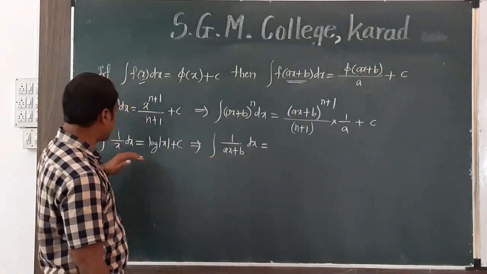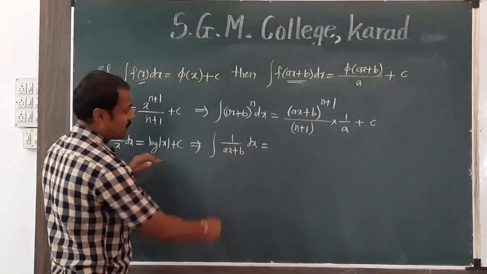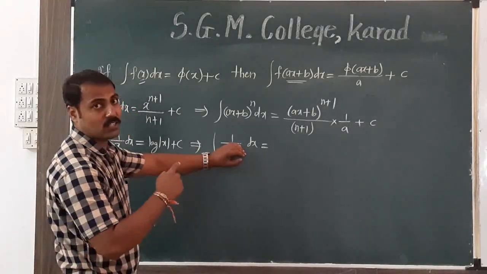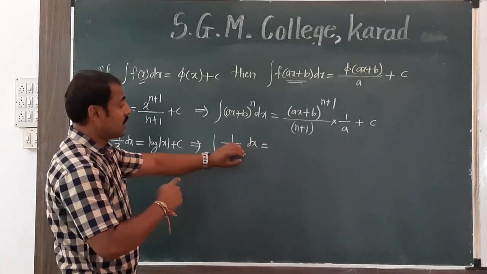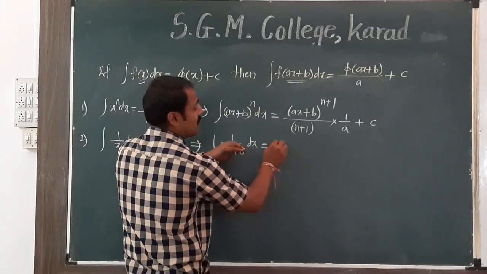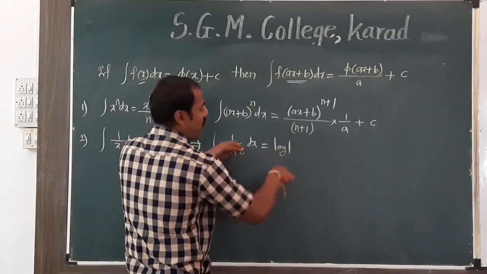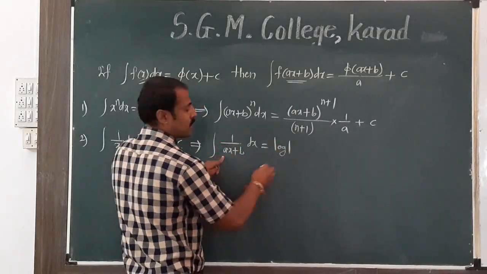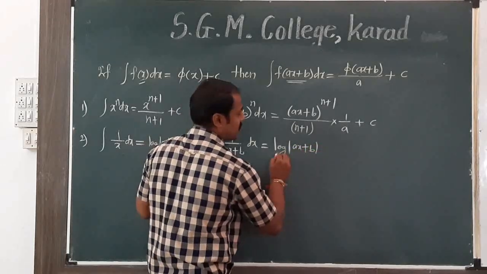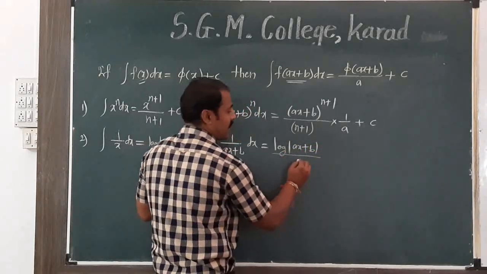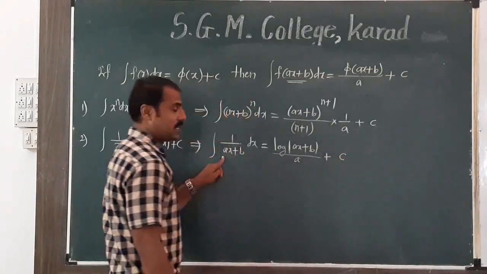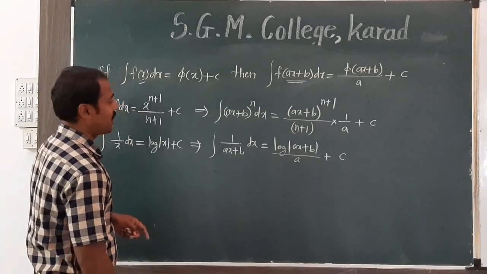Here x is replaced by ax plus b. So consider that ax plus b as x. Integration of 1 upon x is log of mod x, so integration of 1 upon ax plus b is log of mod of ax plus b. Don't forget to divide by the coefficient of x, that is a, plus constant of integration c. Here is the second formula.